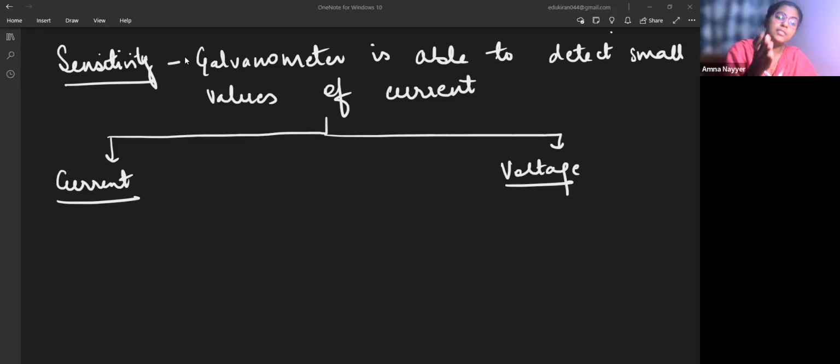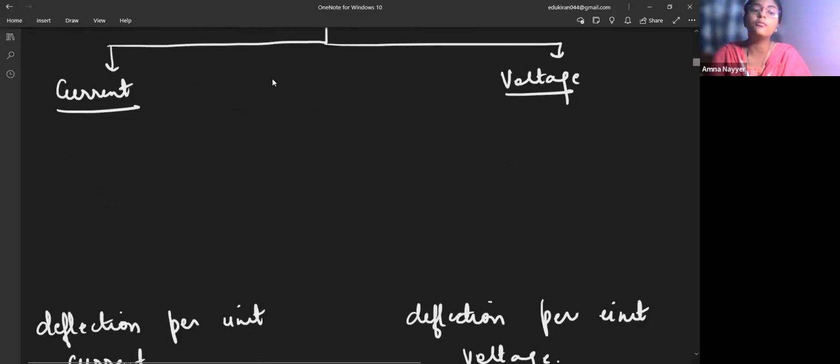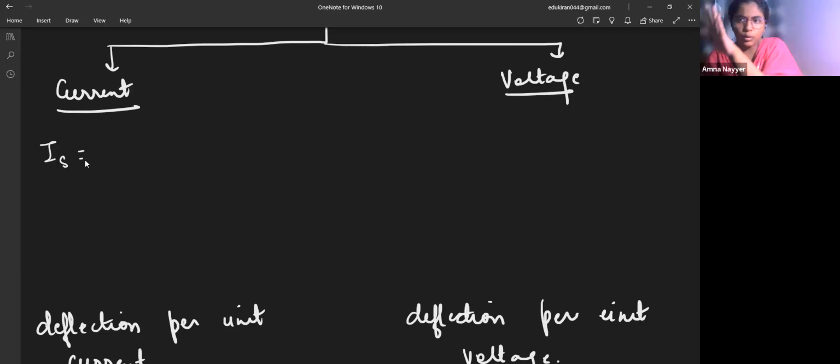All right, now we have sensitivity in terms of current and voltage. You have current sensitivity and you have voltage sensitivity. This comes in your exam, and the best way to remember it is to learn current and voltage side by side. Current sensitivity is deflection per unit current.